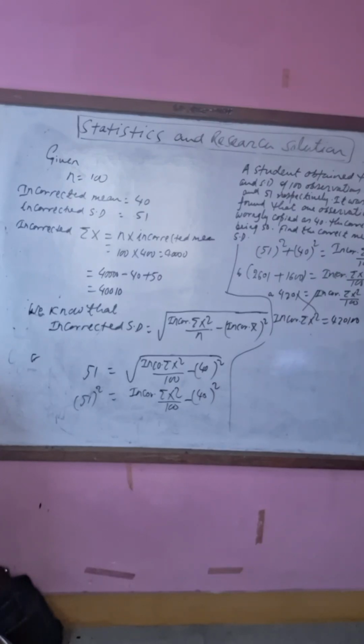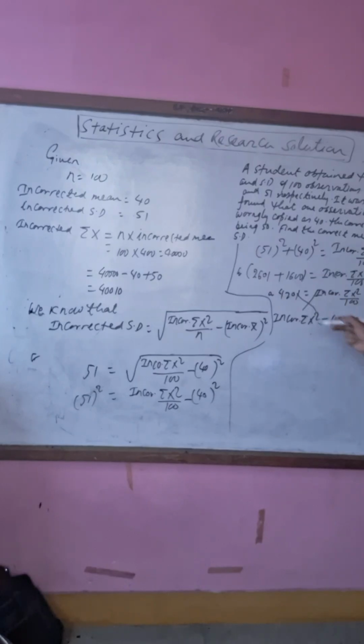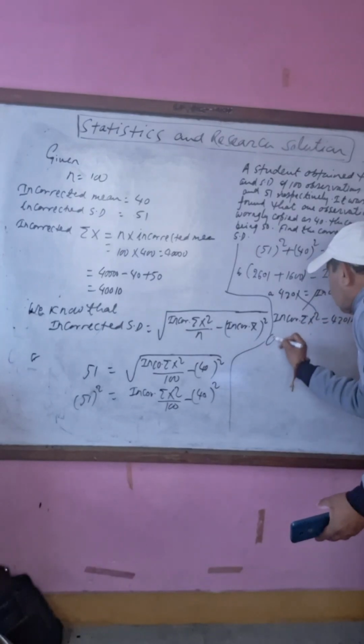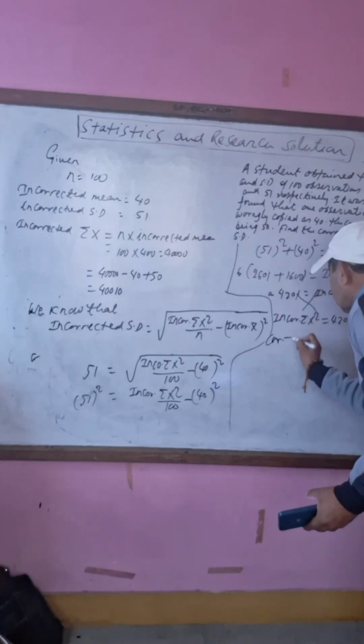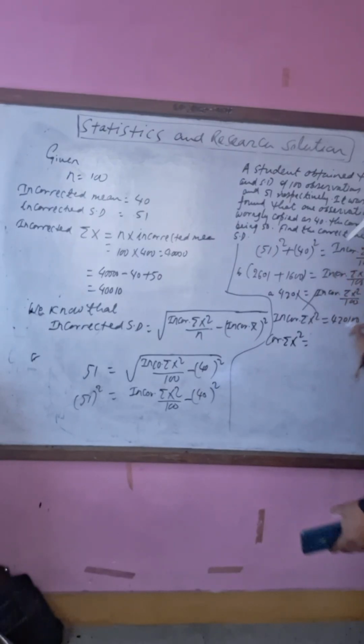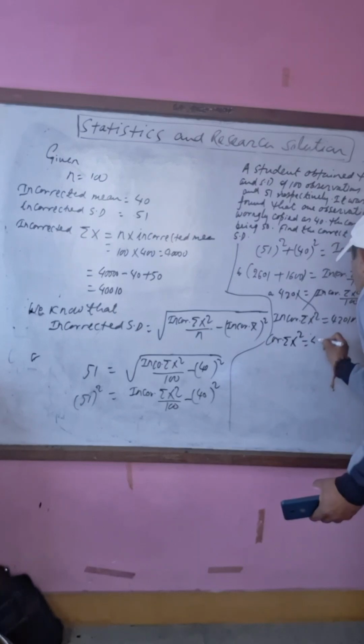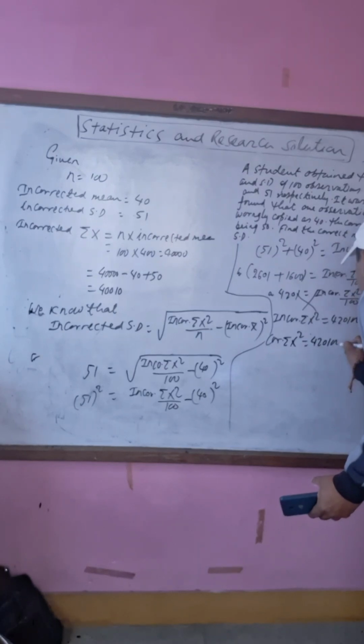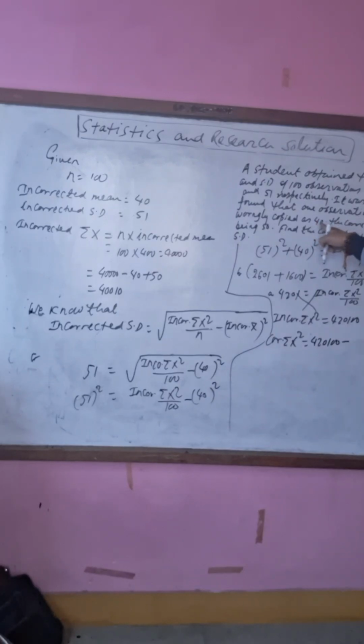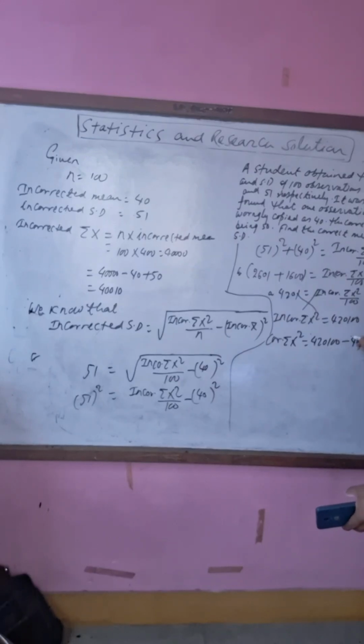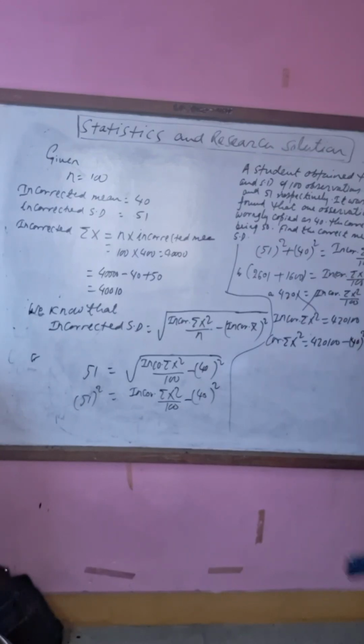Now you should make a correction over this. What will be the corrected summation x square? Corrected summation x square is equal to 420100 minus what we subtract, this wrong item, 40 square, we subtract, plus 50 square we add.